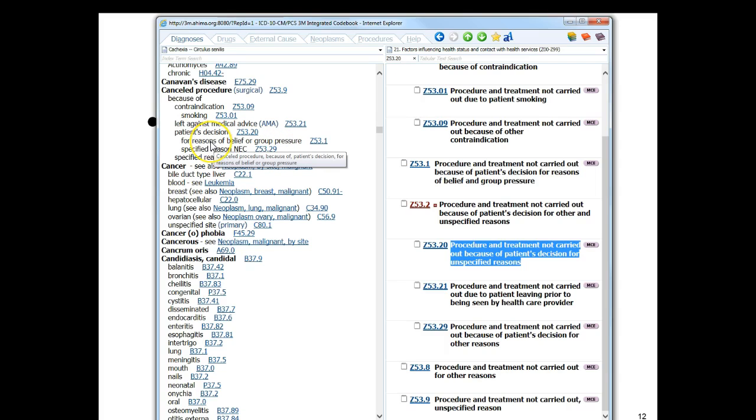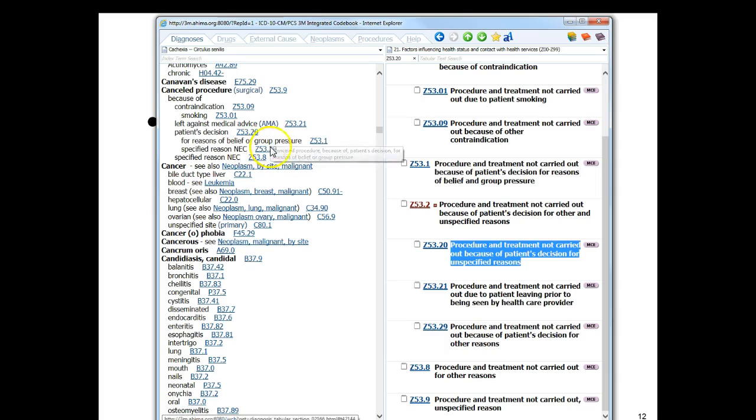Sometimes there are religious groups that refuse to agree to a blood transfusion if it's needed, and there are surgeons who have said, I will not perform surgery on you if you refuse blood if you need it. And so it may be canceled because the patient says no, they won't accept blood, and the physician says, then I won't do surgery.